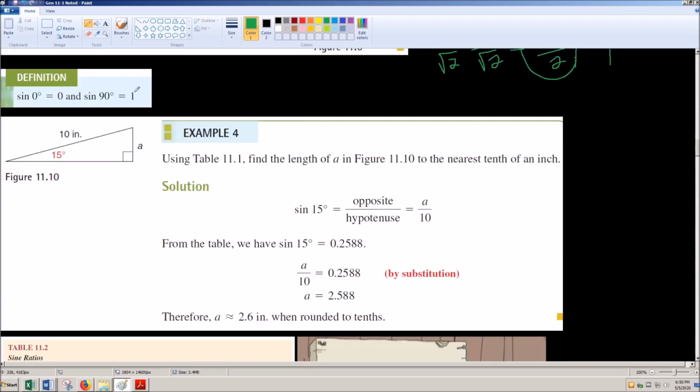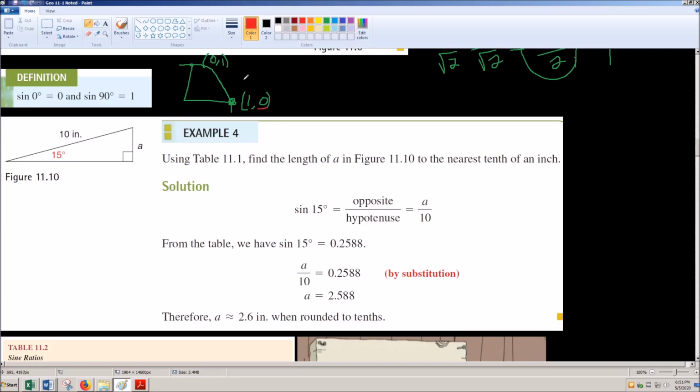Again, this definition is going back to our unit circle. Basically just our sine of 0 value is 0 and our sine of 90 value is 1. This is our first quadrant, so this is our chunk of the circle like this. So as we came around the circle, this point here was 1, 0. This point up here was 0, 1. So in looking at both of these values here, I just want to look at the y's.